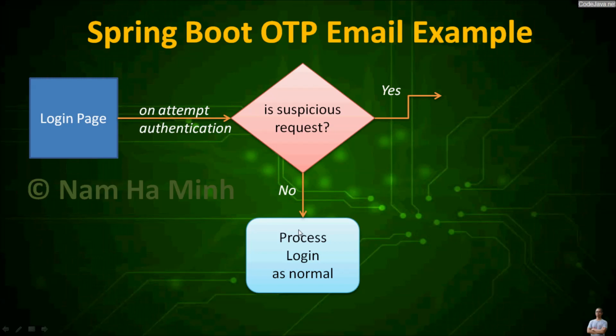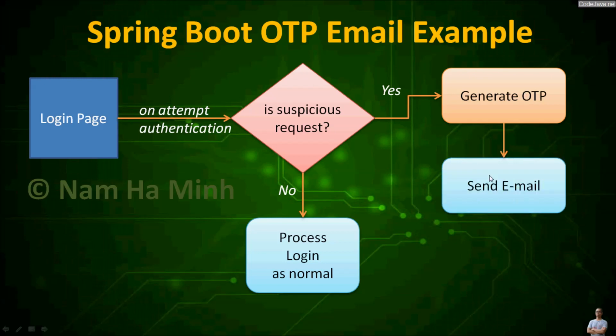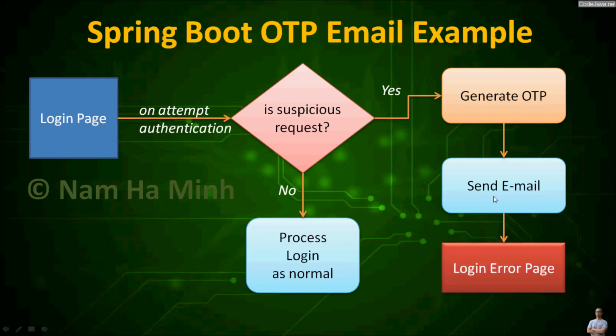Otherwise, if a request is likely a spam request, the application will generate a one-time password and send an email to the user's email, and then direct the user to the login page, saying that the user must check his email and use the provided OTP in order to log in for security reason.